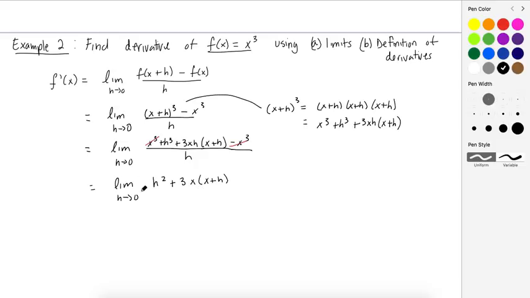Now we can replace h with the value it approaches, 0, and we should be able to get a value. So if we put 0 here, this is going to get eliminated, so this is going to be equal to 0. This is also going to be equal to 0. And what we're left over with is 3x times x, which is going to give you 3x squared.